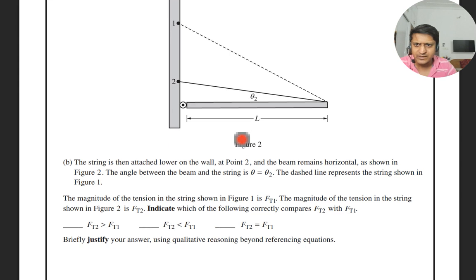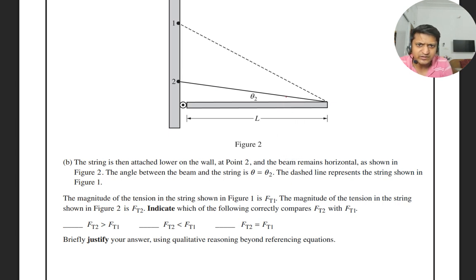Now it says the string is then attached lower on the wall at point 2. So the string has been shifted from 1 to 2 and the beam remains horizontal, as shown in the figure. The angle between the beam and the string is now theta 2.